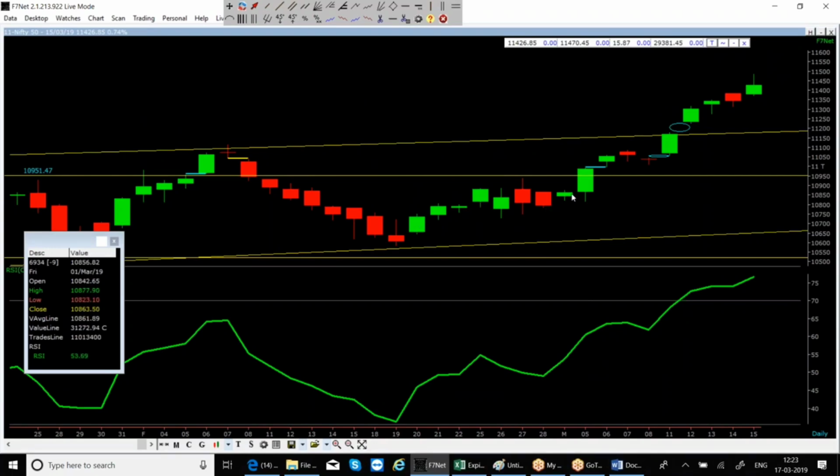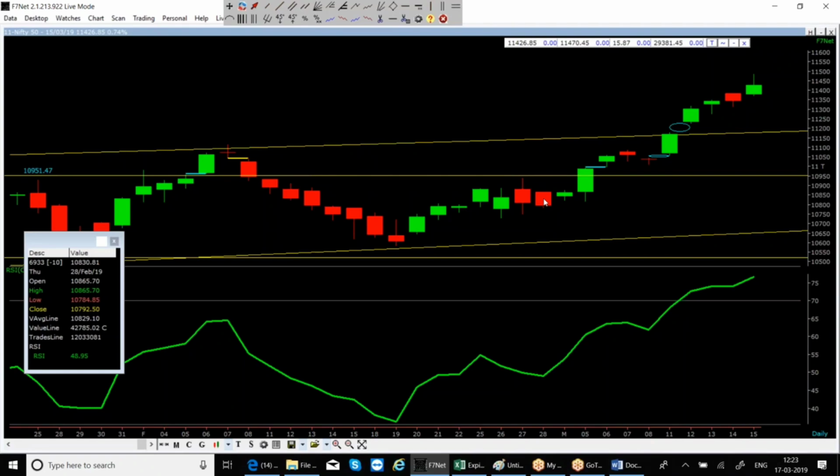28 1st March. Gap up opening. Is it gap up opening? No, not understood. What is the close price? 10,792. Wherever the cursor is, see in the box.